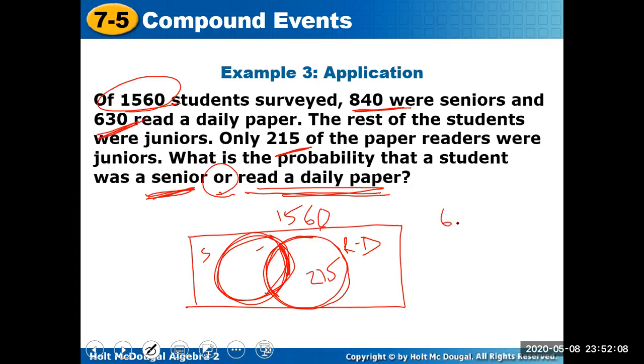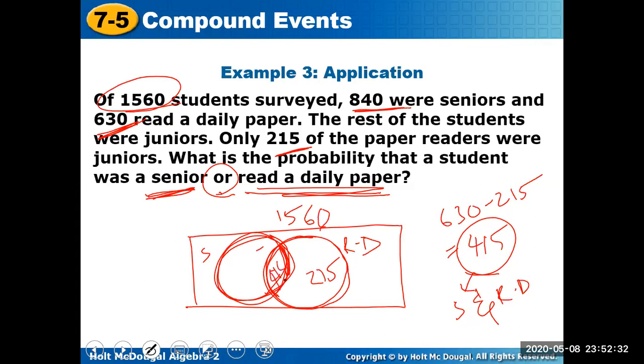So 630 minus this 215 who were juniors, I'll get the number 415. So these were seniors and read the daily paper. That means it's the common area, 415.